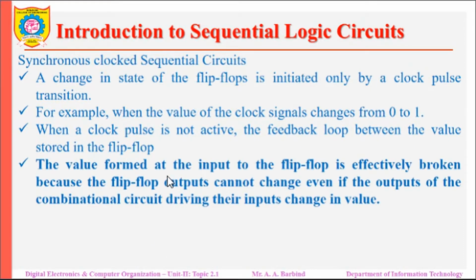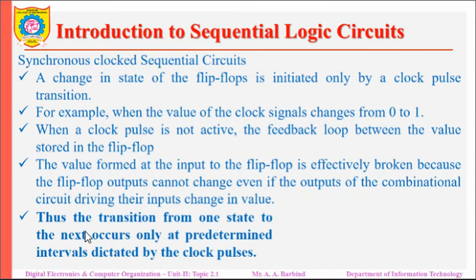The flip-flop outputs cannot change even if the outputs of the combinational circuit driving their inputs change in value. Thus the transition from one state to the next occurs only at predetermined intervals dictated by the clock pulses.